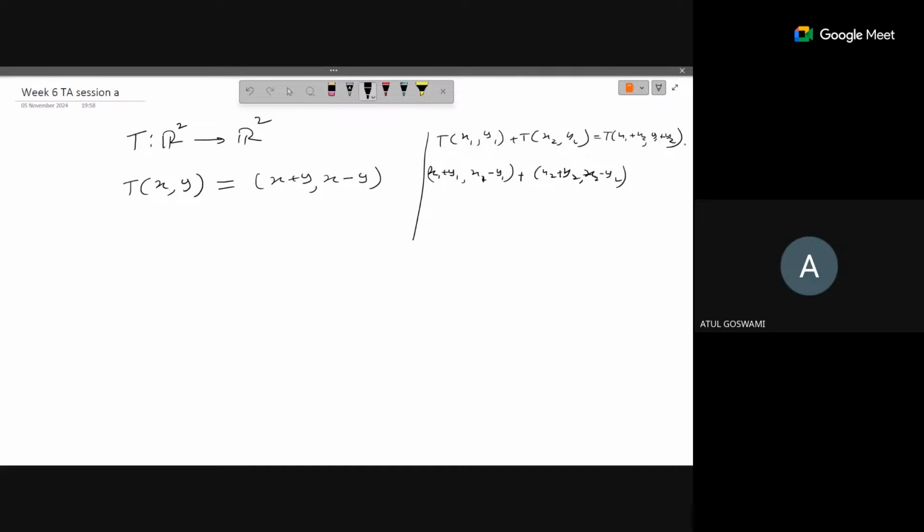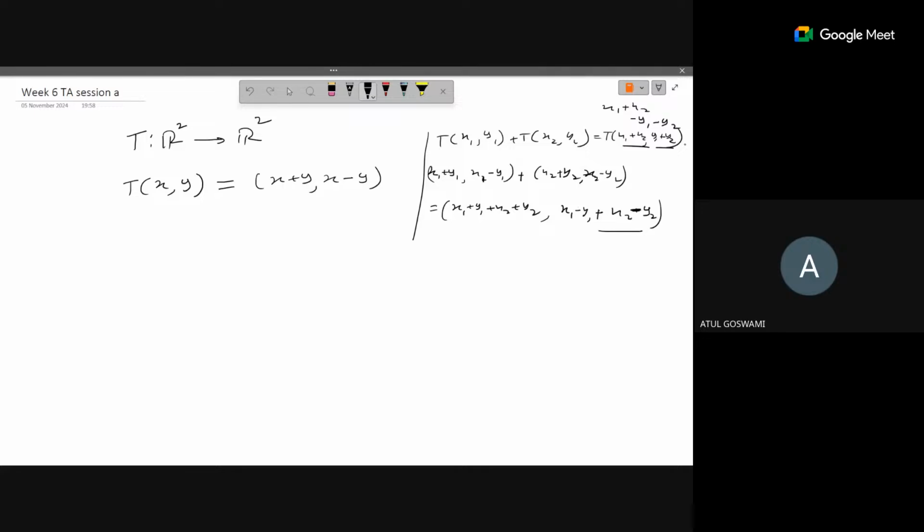When we add these two, the first term is x1 plus y1 plus x2 plus y2, and the second is x1 minus y1 plus x2 minus y2.